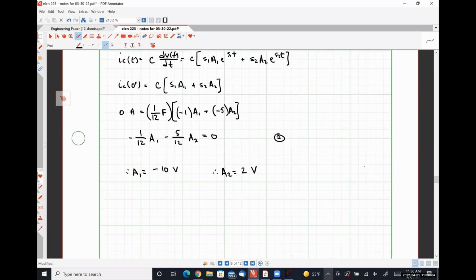And from this, our capacitor voltage, VC of T, is A1, so -10 e to the S1, so that's -1 T, plus A2, so +2 e to the S2, so that's going to be -5 T, plus V at infinity.